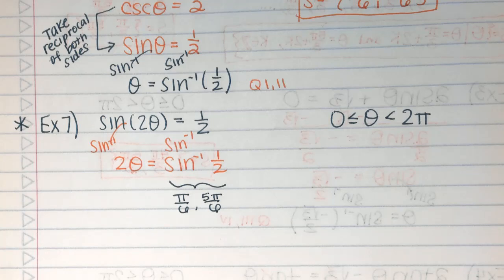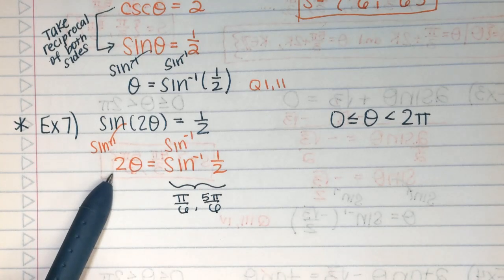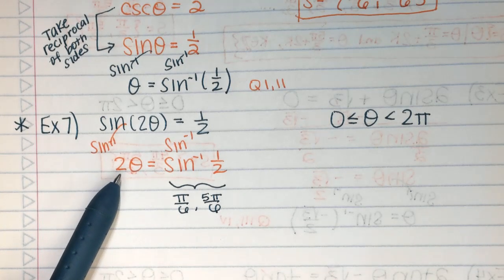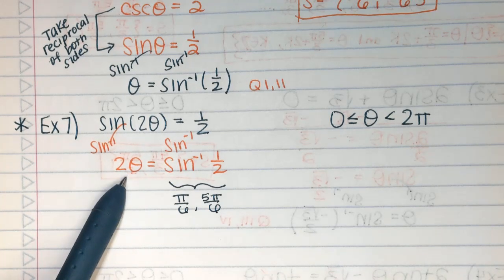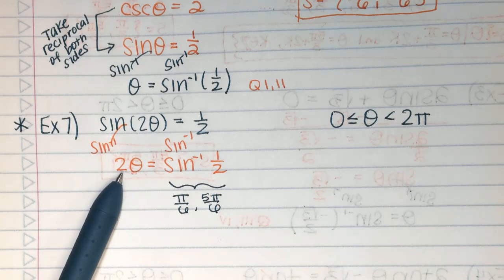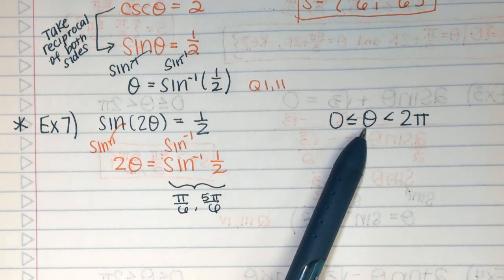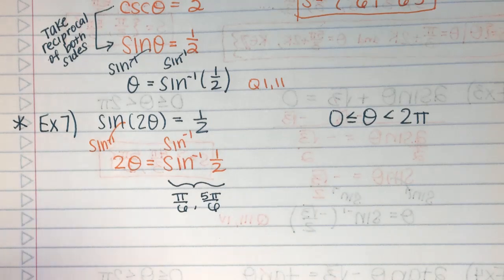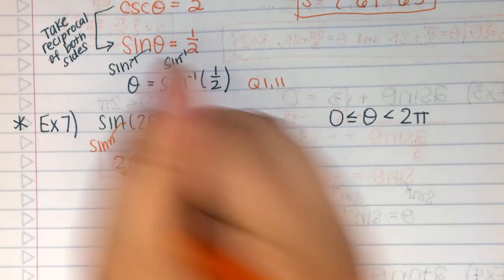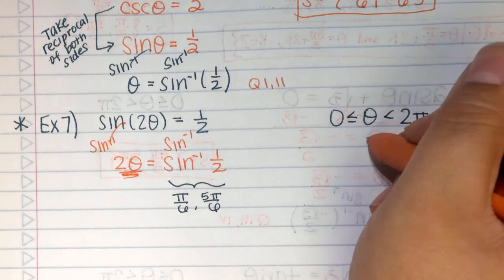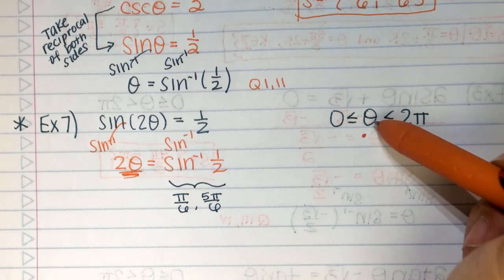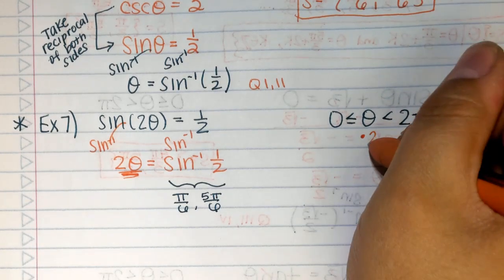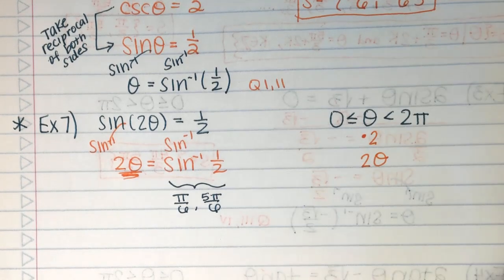Okay. Do you see how this is 2 theta? Everybody look up. Edwin, get off your computer. Do you see how this is 2 theta? Do you see how this is theta? These are not the same. So what am I going to need to do to have the same interval? Multiply it by 2 so I can get 2 theta.